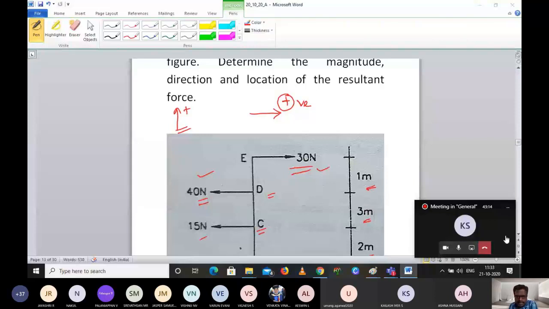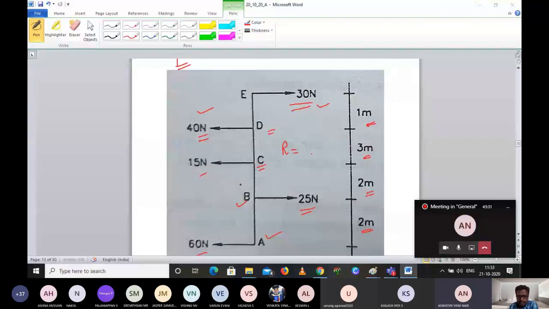Okay, now I think anyone can help me. Aswati, can you help me? What is the resultant force here? What is the value? The resultant is negative 60. How can you tell me? So 30 minus 40 minus 15 plus 25 minus 60. Very good. So on this side I am getting 55, am I right? Towards right.